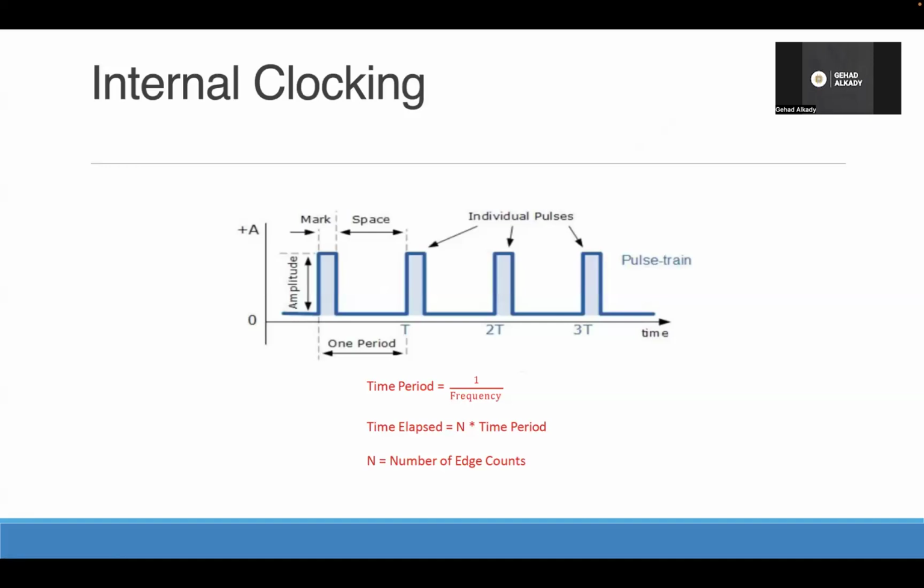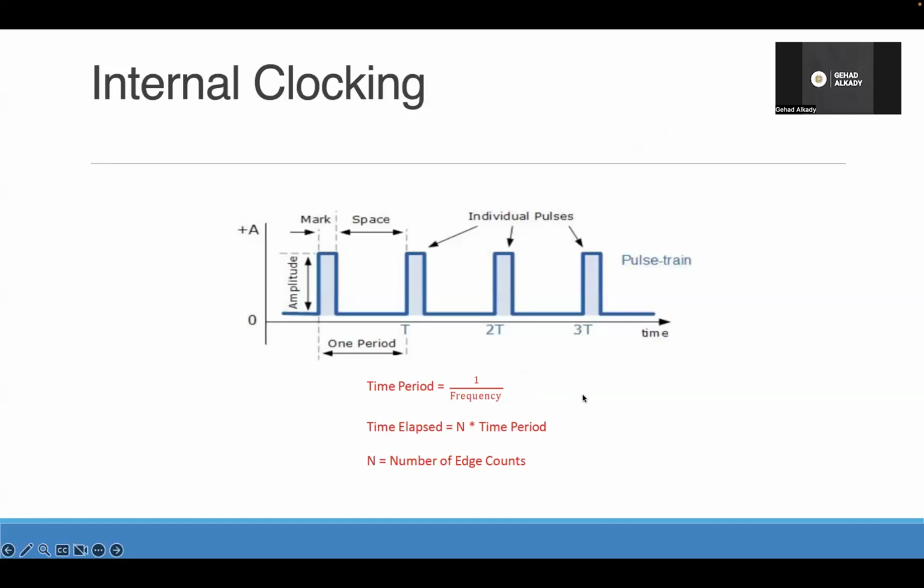So if we want to make a timer that gives a delay of, for example, 1 second, we will determine the frequency of our system, and then use this equation to know the time period.